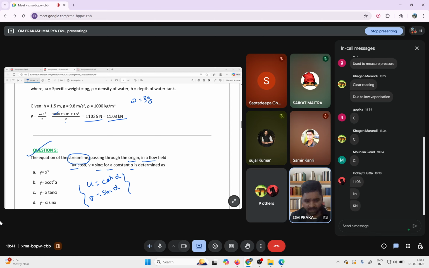The equation of a streamline. So first you have to understand the streamline equation, and based on the equation you have to solve this. Anyone, please just try to solve.